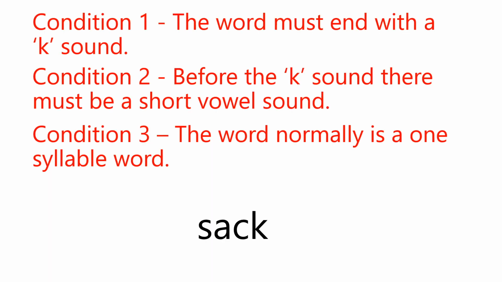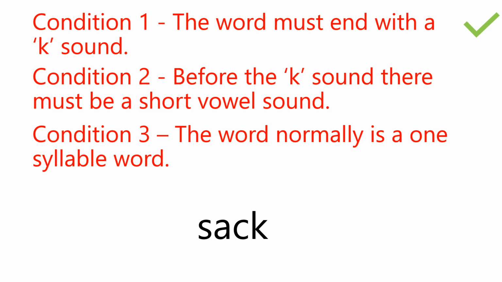Now let's look at this word sack at the bottom of the page, and see if it meets all the conditions that we've talked about today. Condition number one, the word must end with a k sound. Sack ends in a k sound, so let's give that a tick. Condition number two, before the k sound, there must be a short vowel sound.